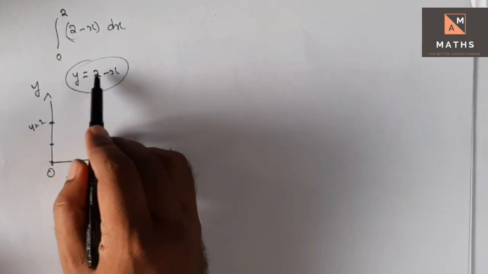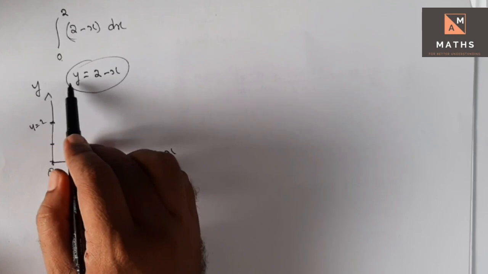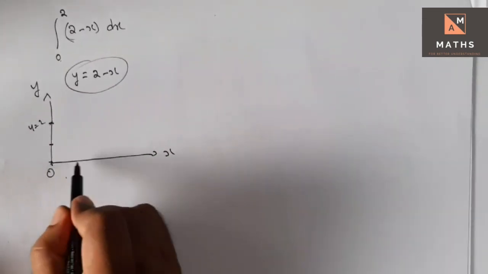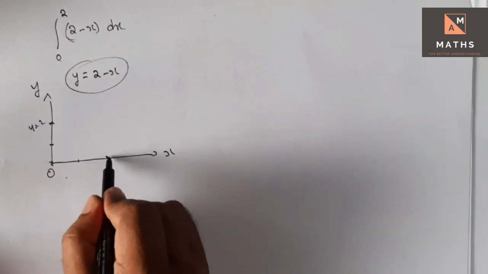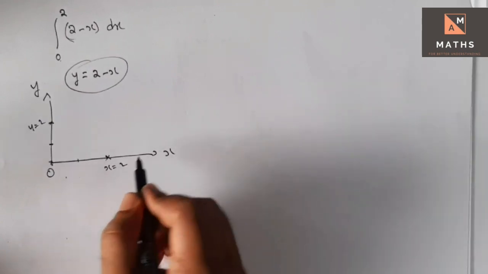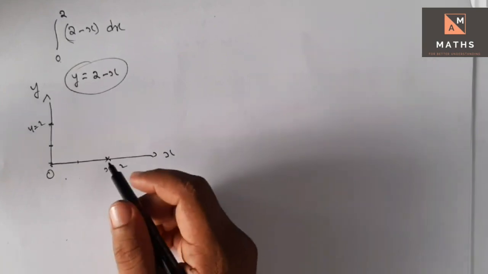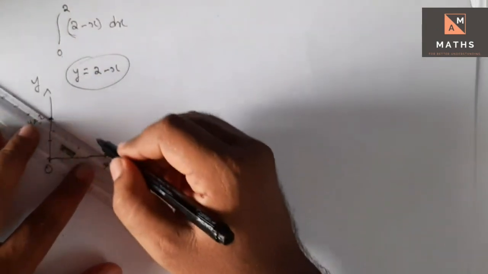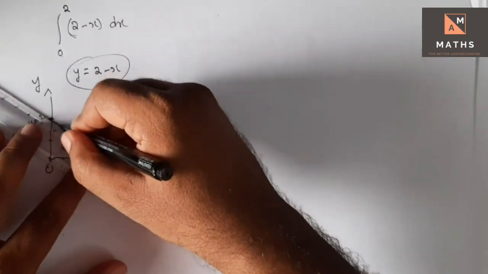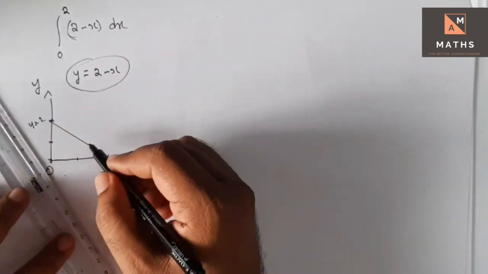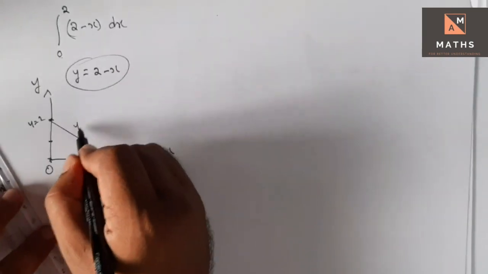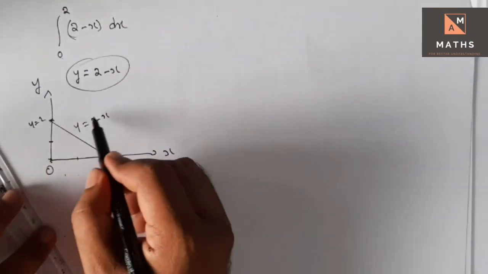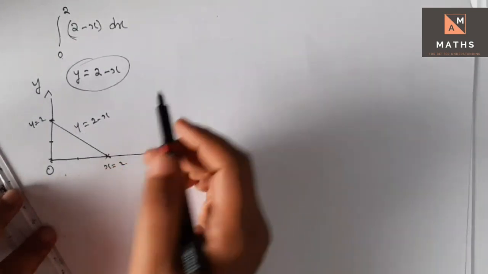Taking minus x to the left side, we get x is equal to 2. On the x-axis, this is 0, this distance 1, and somewhere here 2. So this is x is equal to 2. Now join these two points, and you will get the graph of the function y is equal to 2 minus x.